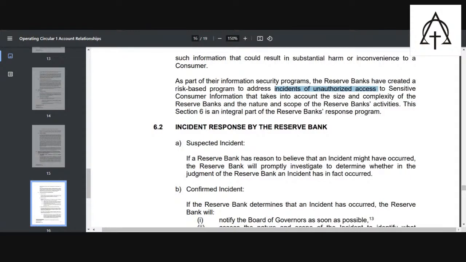That takes into account the size and complexity of the reserve banks and the nature and scope of the reserve bank's activities. This section 6 is an integral part of the reserve bank's response program. Again, the respondent, and as an account holder, you are allowed to act as a co-respondent for the respondent, saying that you are a reserve bank agent.